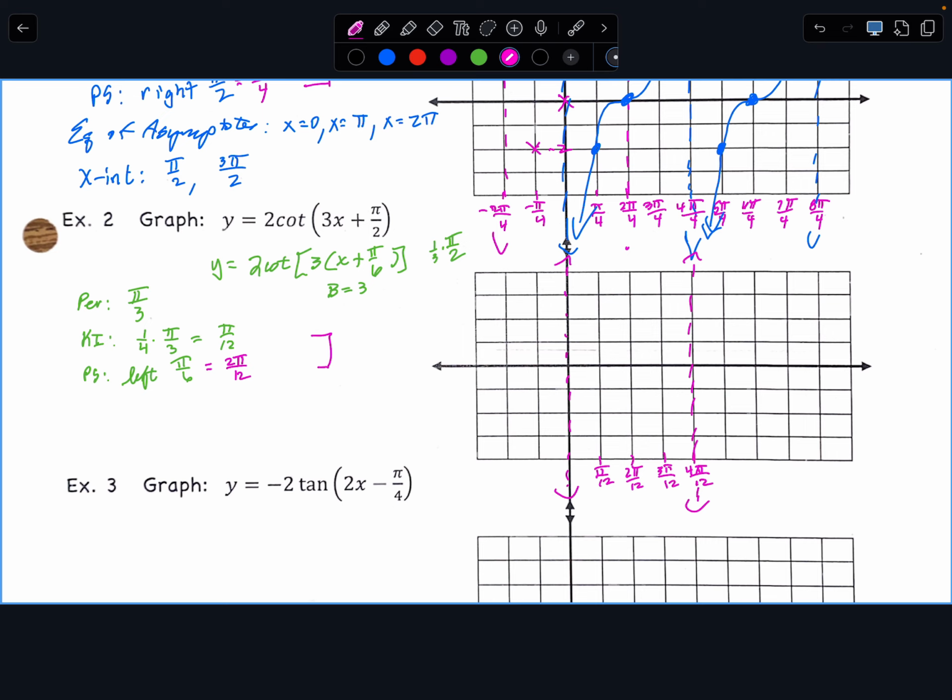It's pi thirds. Halfway in between is your 0. And then you have a vertical stretch by 2. And one key increment in, you are normally at +1, but because of the vertical stretch, you would be at +2. And 3 key increments in, you would be at your -2.